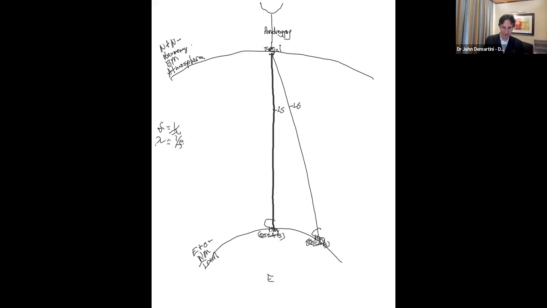So if you increase frequency, you shorten the wavelength. And if you increase wavelength, you lower the frequency. So they're inversions. So here we have high frequency. Down here we have low frequency.